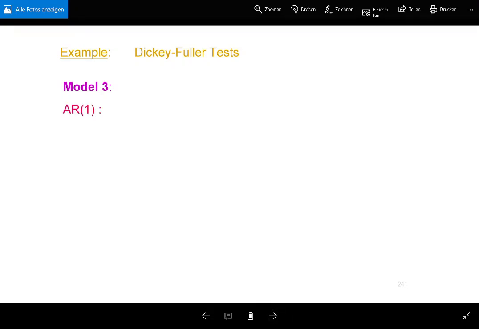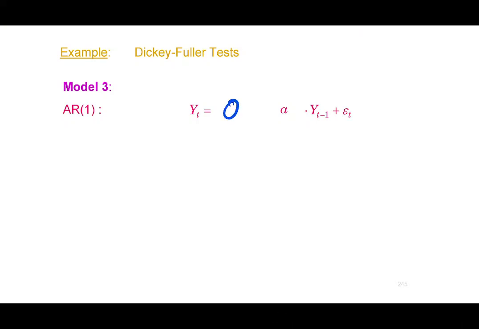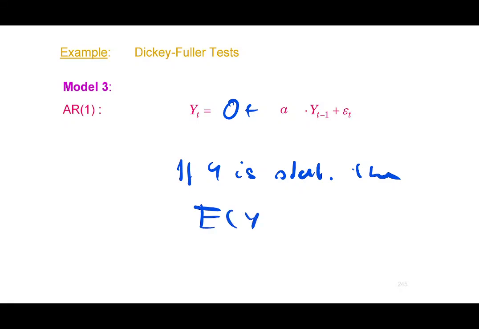So there is the first order autoregressive process without the constant. Keep in mind the constant, which is usually 0. If the process is stationary, so if y is stationary, then you might remember the formula for the expectation was v divided by the lag polynomial of 1, but since v is equal to 0, this is going to be equal to 0.